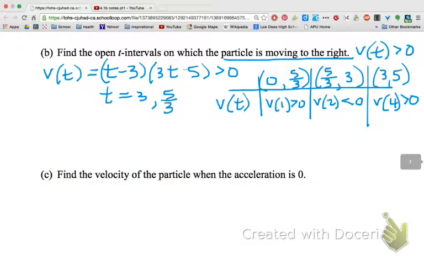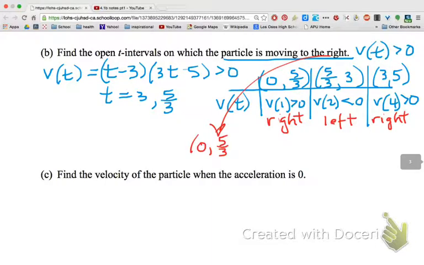So now I know that here it's moving right because the velocity is positive. Here it's moving left. And here it's moving right again. So the final answer would be on the intervals 0 to 5/3 and 3 to 5. And that was all just review.